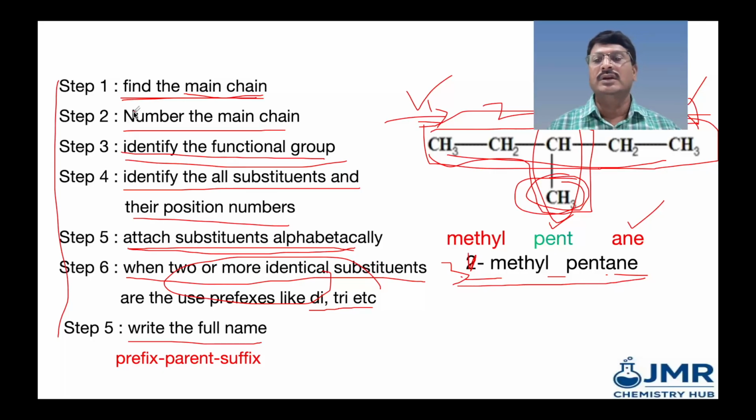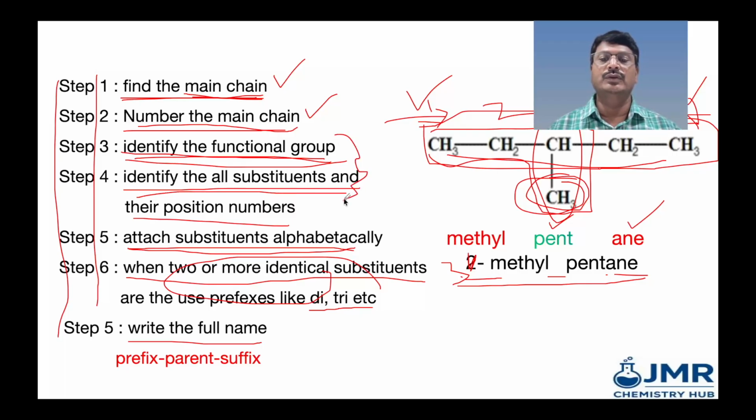So like that, you have to follow these steps to find the name of the compound. First you have to find the longest chain, that is the longest continuous chain, called the main chain, and according to that you give the root word. Identify the functional groups, saturation, unsaturation, and identify the substituents.